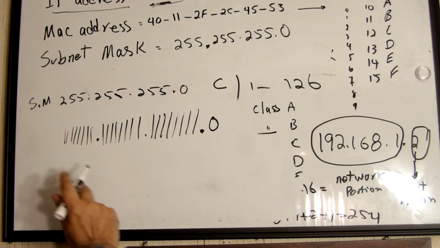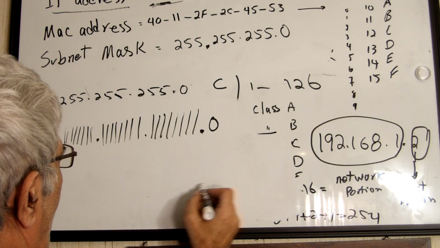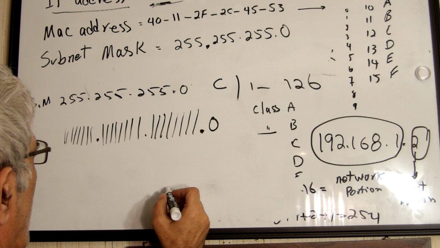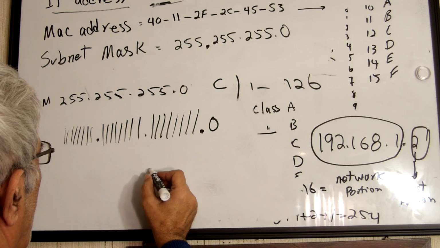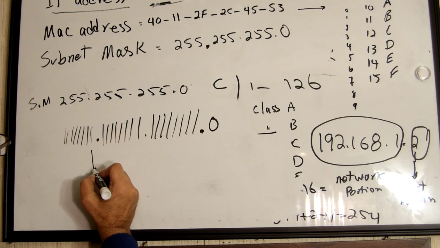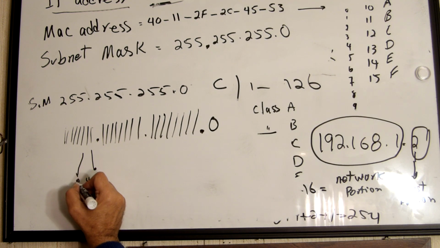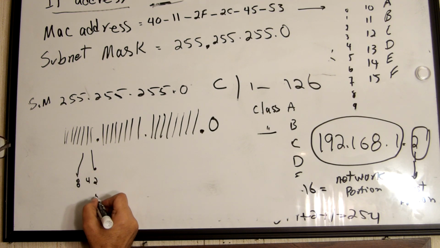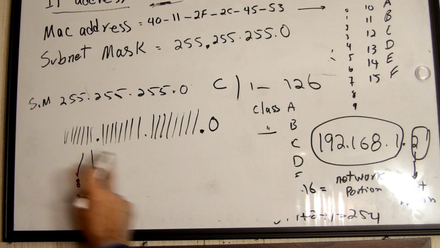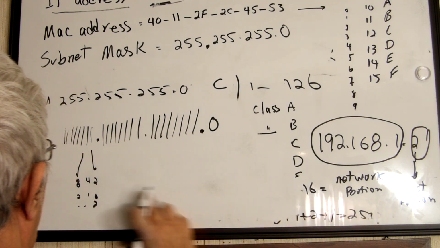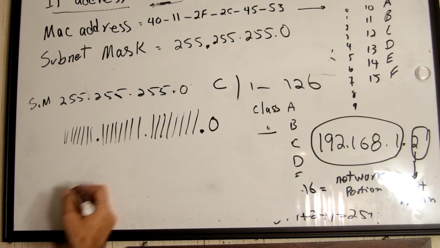We talked about it, that 8 bits, which is 1 byte, starts from here: 1, 2, 4, 8, 2 to the power of 0, 1, 2, and so on. Then you add those together and we find that it's 255.